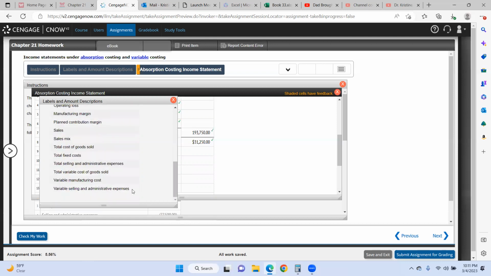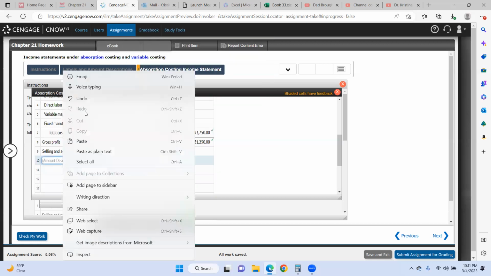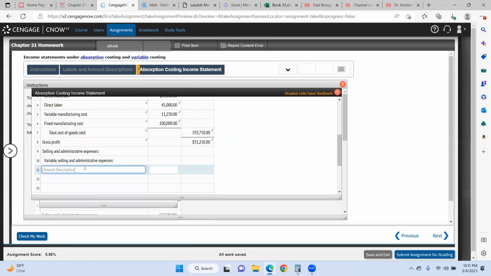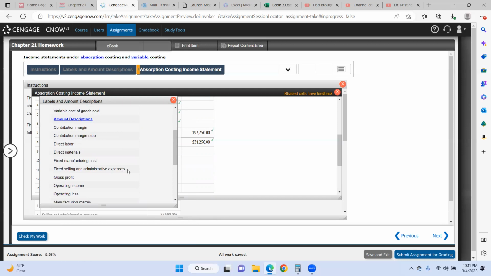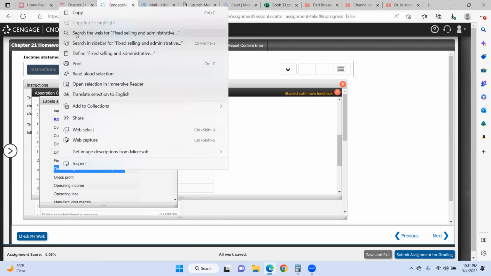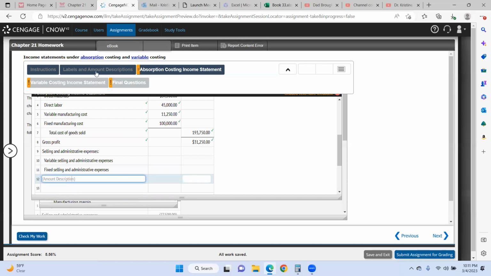Paste, and this is going to be fixed. I'm going to copy that puppy and paste, and then I'm going to do total admin.